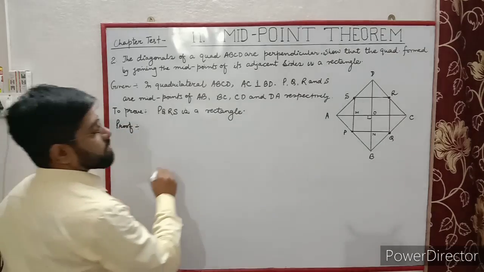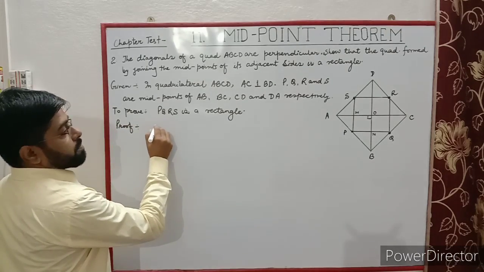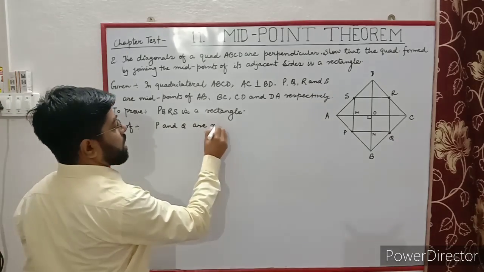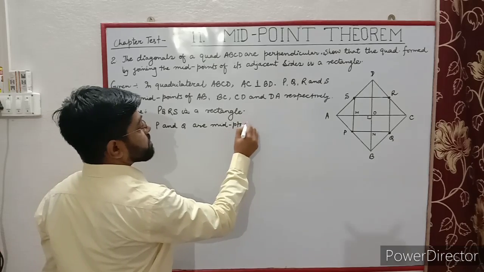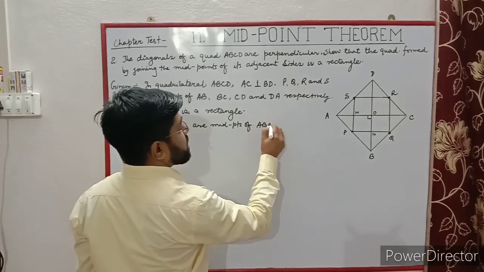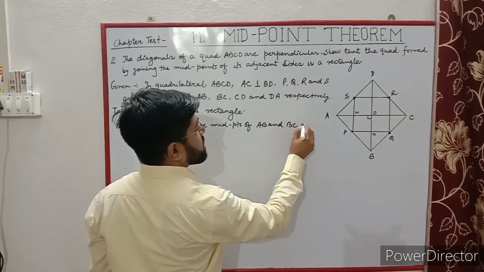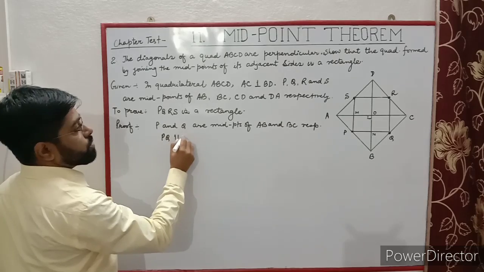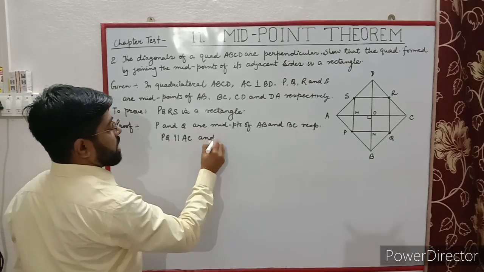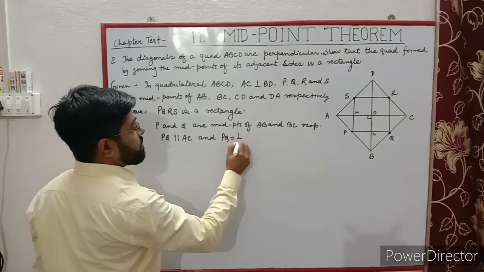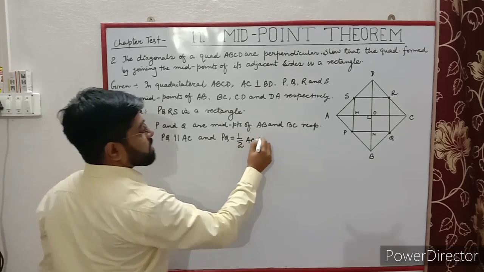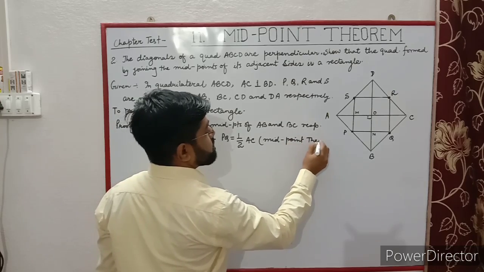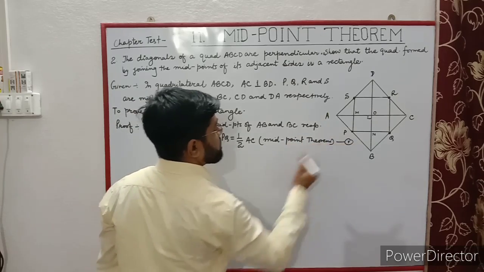Proof: P and Q are midpoints of AB and BC respectively, then PQ is parallel to AC and PQ is equal to half of AC by midpoint theorem. We assume equation number first.